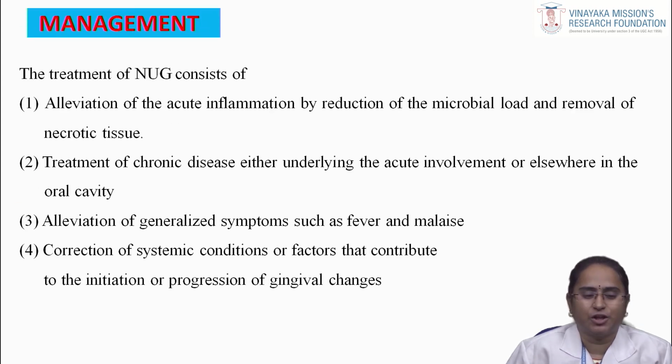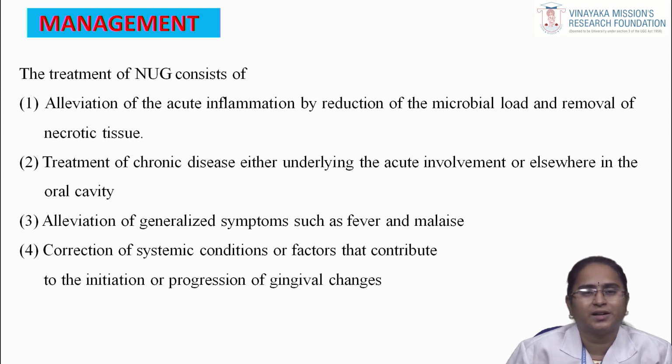Coming to the management of necrotizing ulcerative gingivitis, there will be elimination of acute inflammation, which can be done by reduction of the microbial load and removal of the necrotic tissue, and treatment of the underlying causes, that is, the etiological factors.